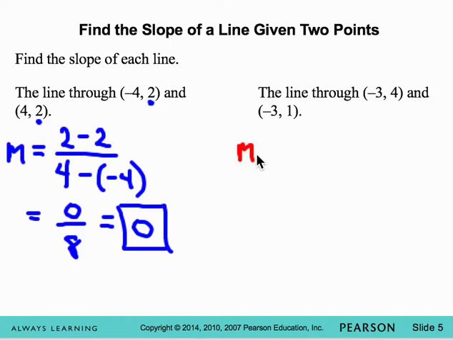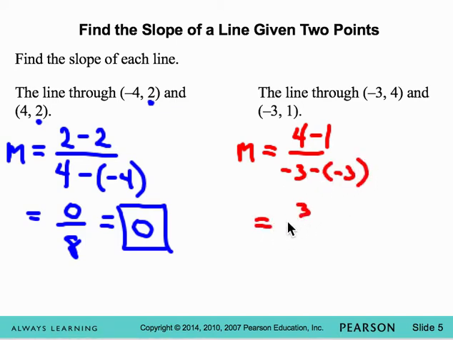Let's try this one. 4 minus 1, because I started here with my y's, I have to start here with my x's. Negative 3 minus 3. So that's 3 over negative 3 plus 3 is 0. You cannot leave this.